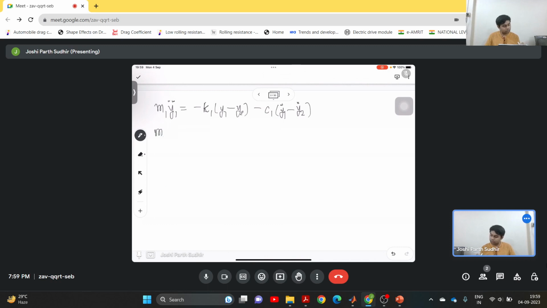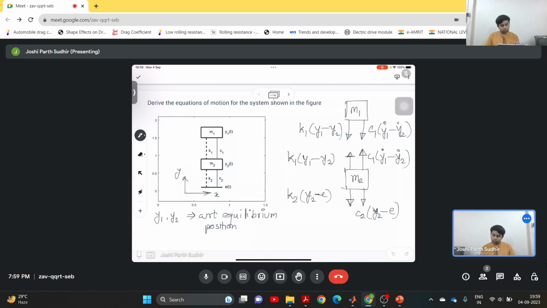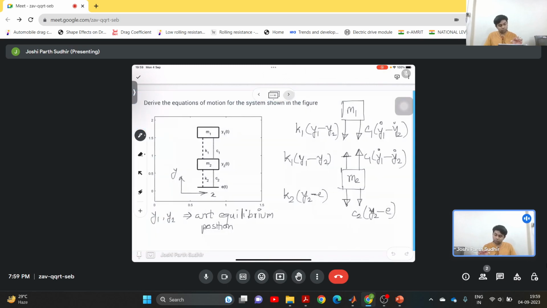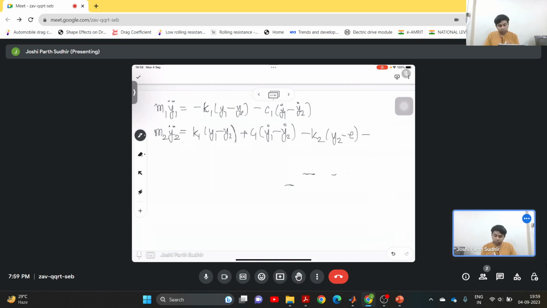Similarly for the mass m2, minus K2 (y2 minus e) minus C2 (y2 dot minus e dot).